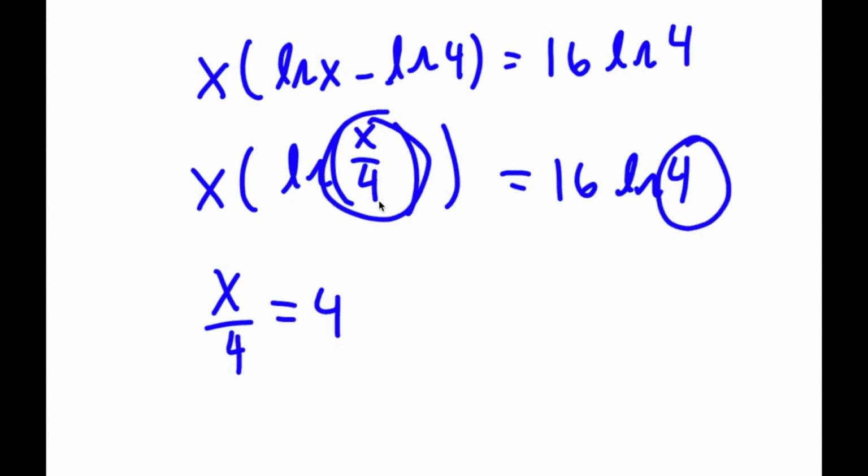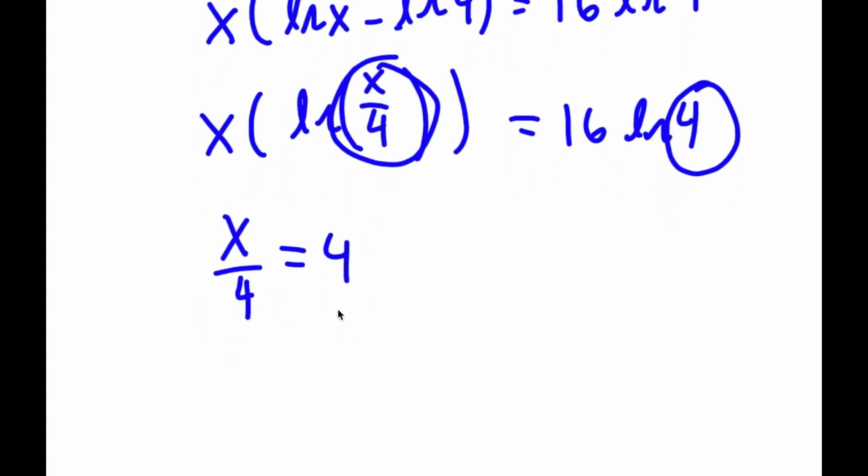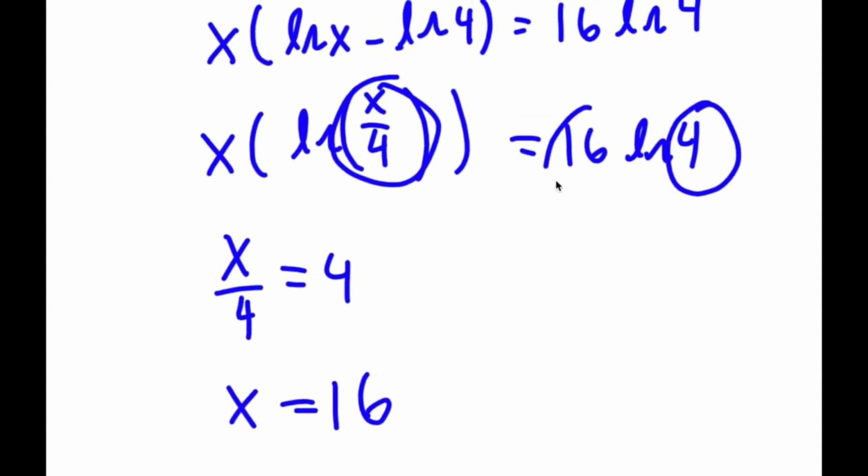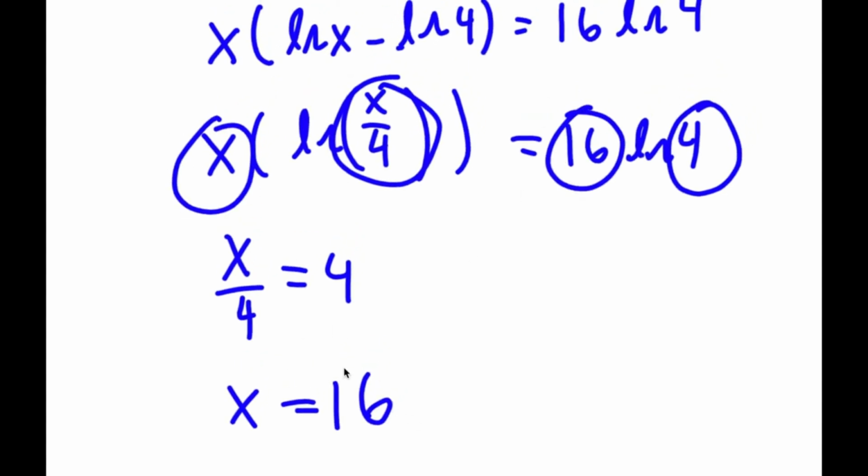These two are equal to each other. So if x over 4 is equal to 4, this means that x is equal to 16, because these two have to match up as well.